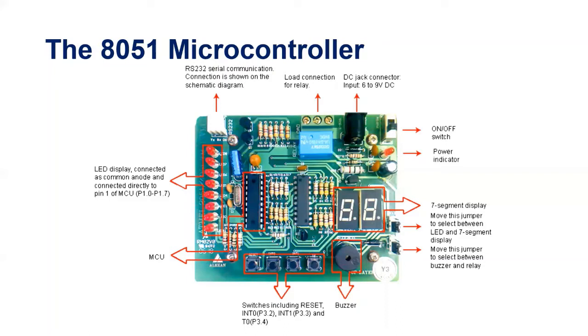Okay, so pangatlong output device natin is the buzzer. So basically, ang buzzer ay ginagamit natin para mag-generate ng beep code or ng sound or any sound alarm kapag gumagawa tayo ng isang design na kung saan kailangan nating mag-generate ng noise or any sound as an output. Okay?